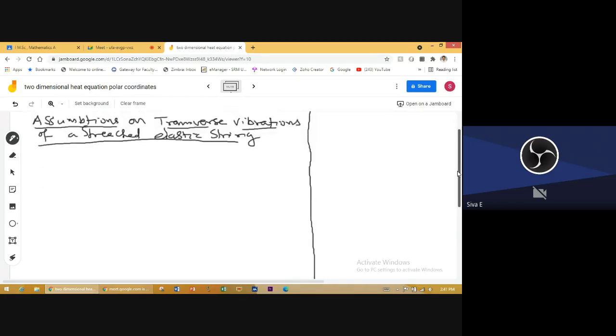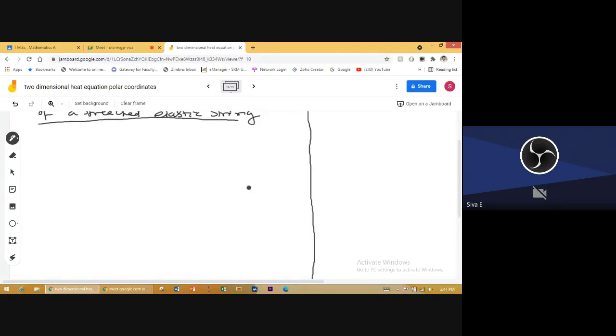Okay, what is meant by stretched elastic string? Already I explained what is called the stretched elastic string.